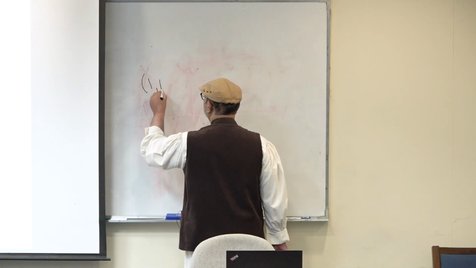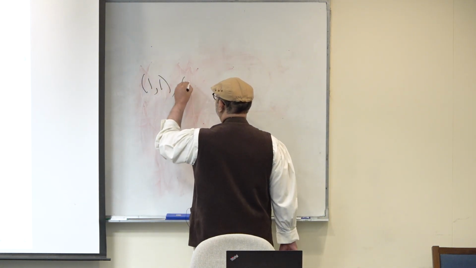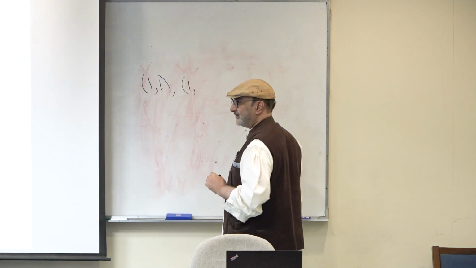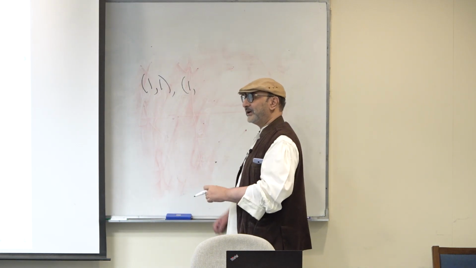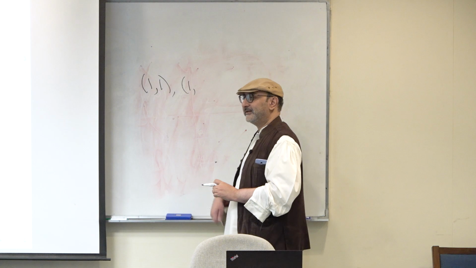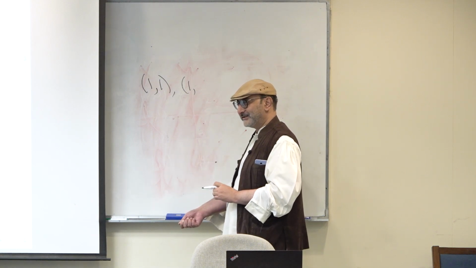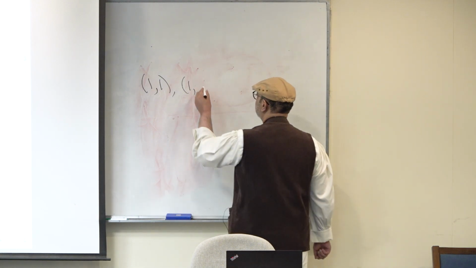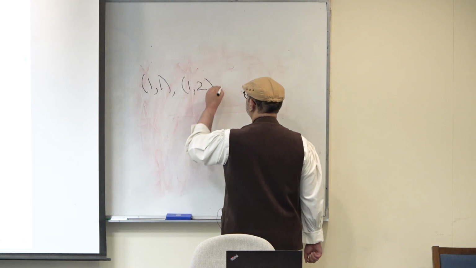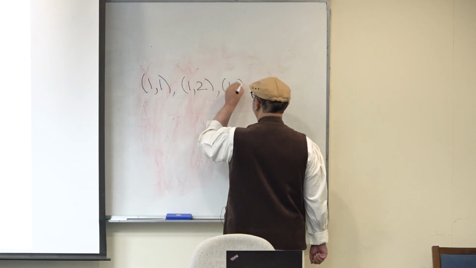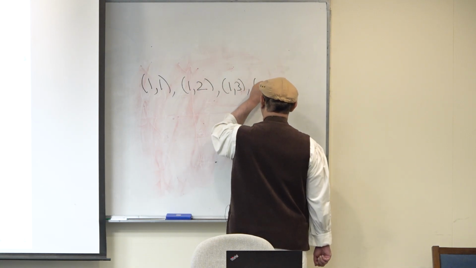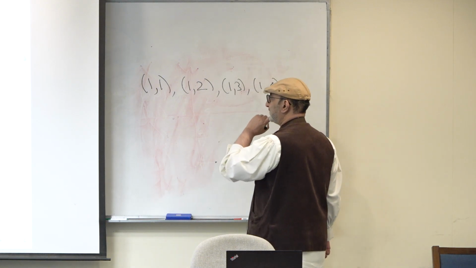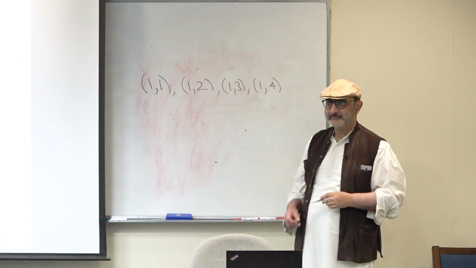Or the first one could be defective, and I pick up the next one, it's not defective, and then one more test gives me the defective widget. So 1, 1; 2, 1; 3, 1; and 4, 1. So there's one set of results.